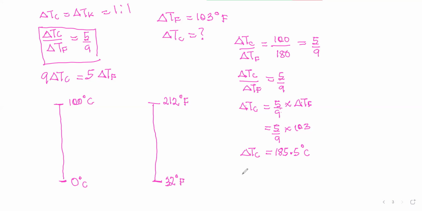Please mark yourselves. Gideon. Sir, hello. It's supposed to be 57 points. Let's please cross check. 5 over 9 times 103. Yes, is that so? 57.2. Yeah, that's what I got.